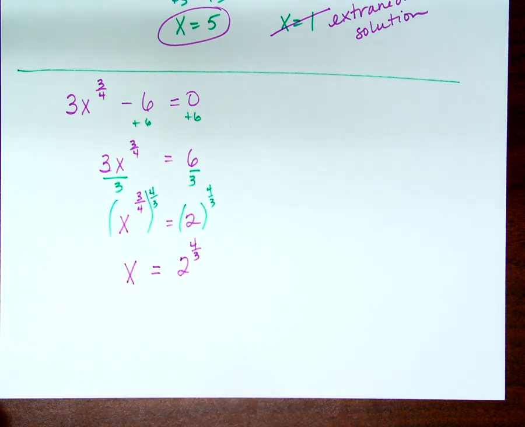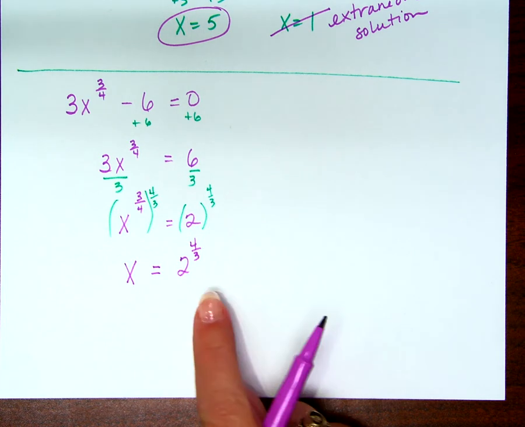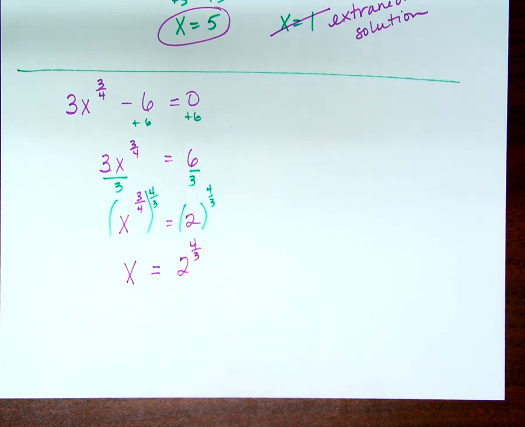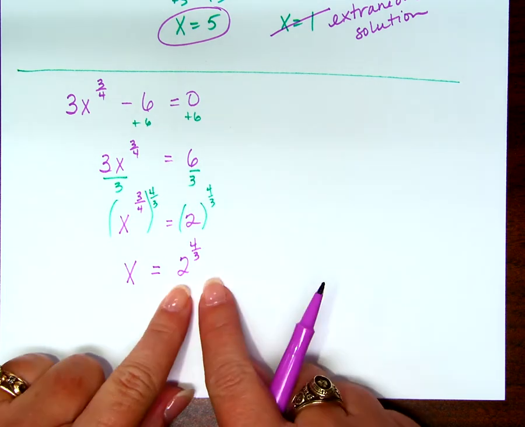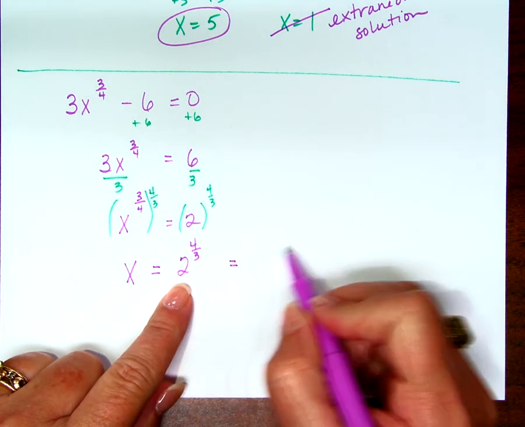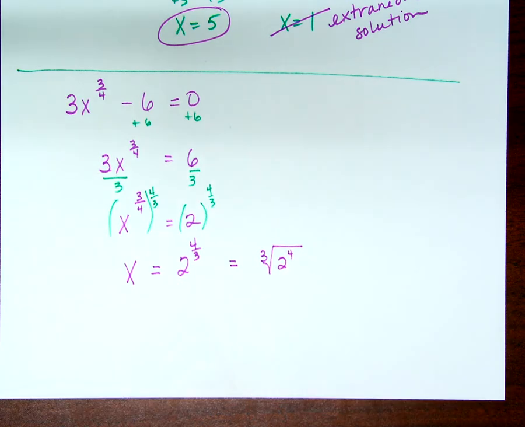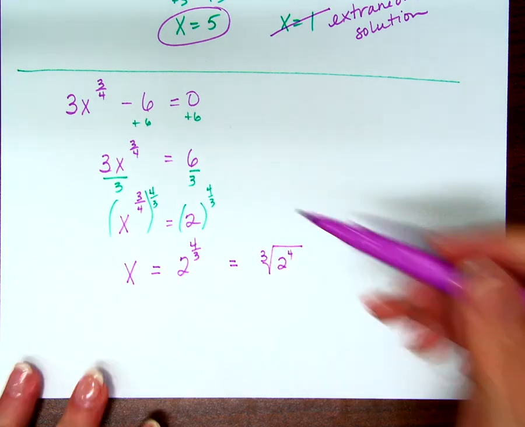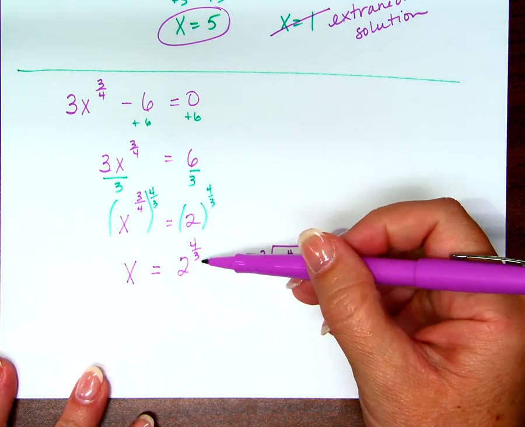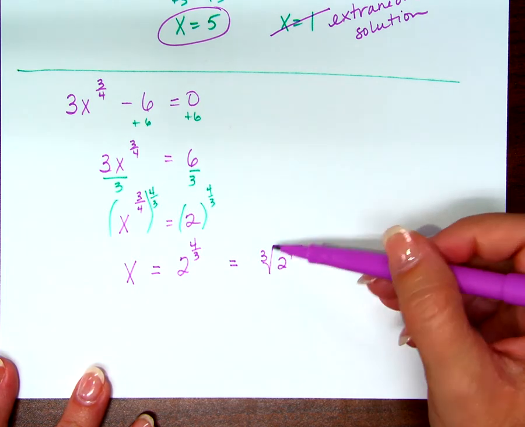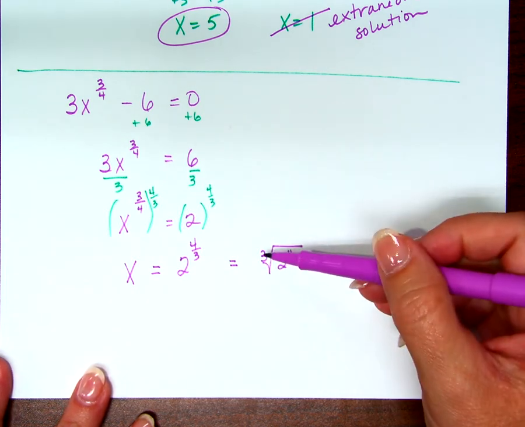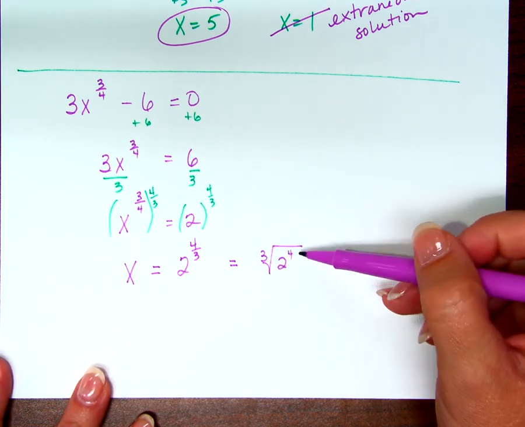I need to show you 2 other answers that are equivalent to this, because this is one of those situations where I don't know what the computer will want. Okay? I need you to realize this equals this, because of what we just talked about. The numerator is the power, the denominator is the root. So I just wrote it as a radical with a cube root, and it's 2 to the 4th.